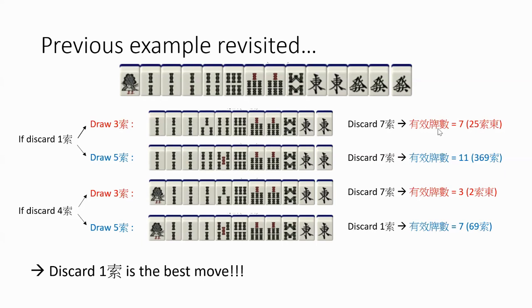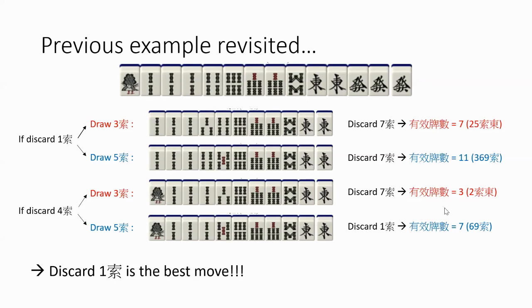After we discard 七索, we are already 聽牌, waiting for 二索, 五索 and 東, okay? You should be able to see that the 有效牌數 in this case would be 7. Similarly, if we draw a 五索, the number of 有效牌數 will be 11, essentially waiting for 3, 6, 9 索.